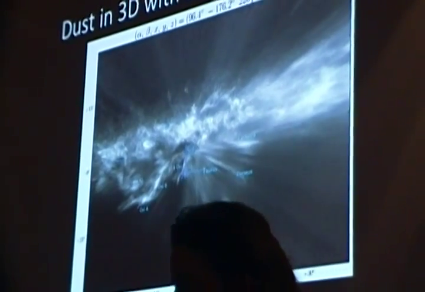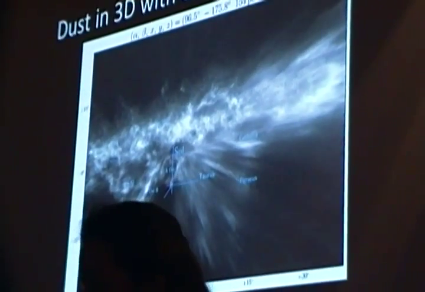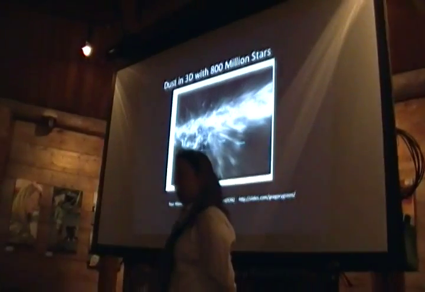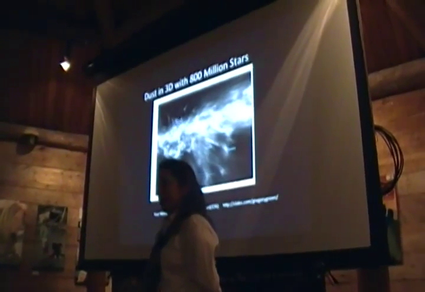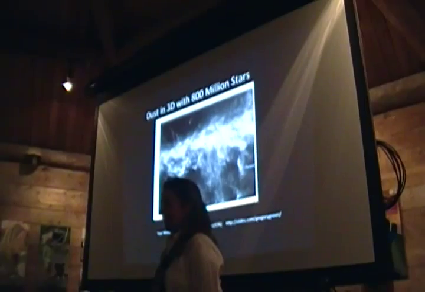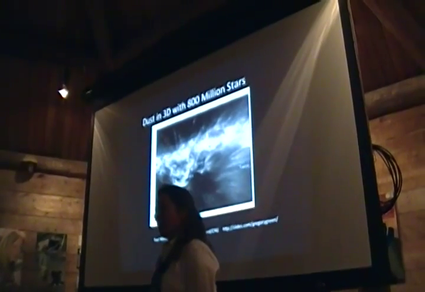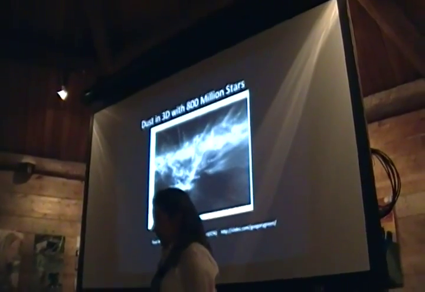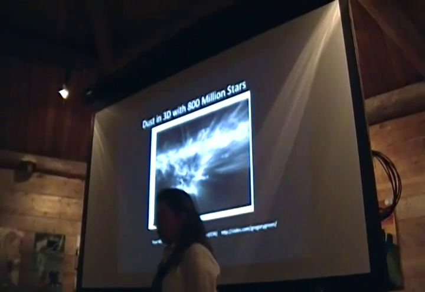So I think that this is as close as we're going to get for a while to interstellar exploration. But what we can do with these large data sets is an important piece of that.